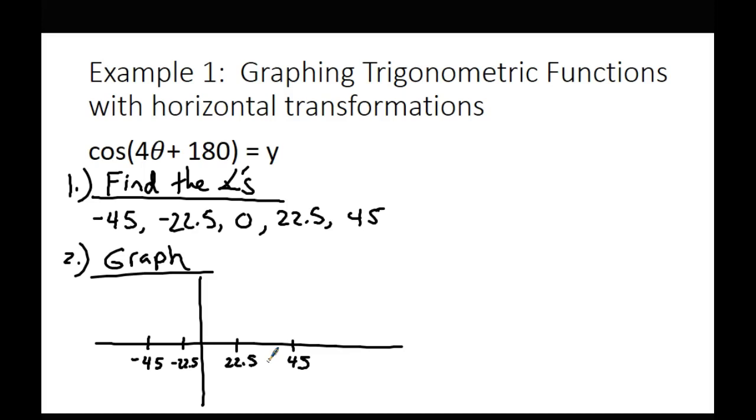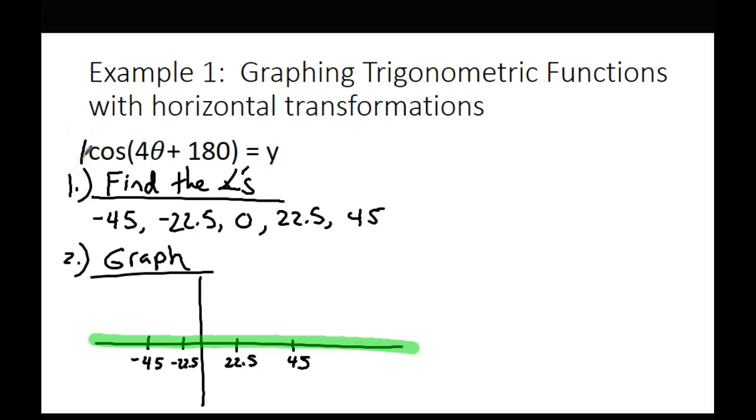So what's our midline? 0. The midline, in case you forgot, is the plus k. Now there's no plus k out here, right? So it's going to be right down the middle. And what's the amplitude? Just 1.